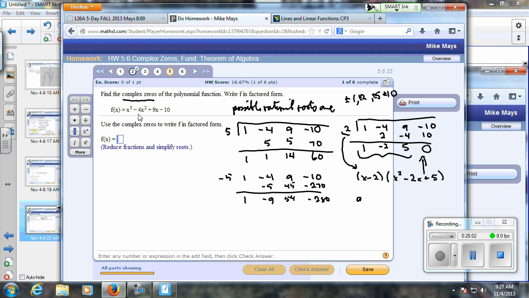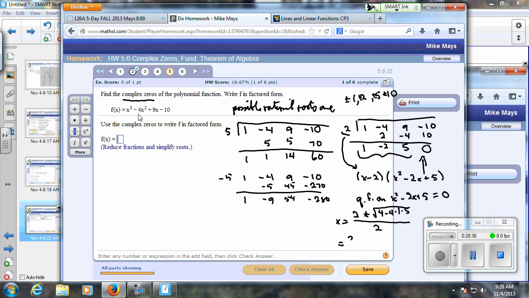The quadratic formula on x squared minus 2x plus 5 equals 0 says x is minus b, that's 2, plus or minus square root of b squared, that's minus 2 squared, that's 4, minus 4 times a is 1, times c is constant term is 5, all over 2a.